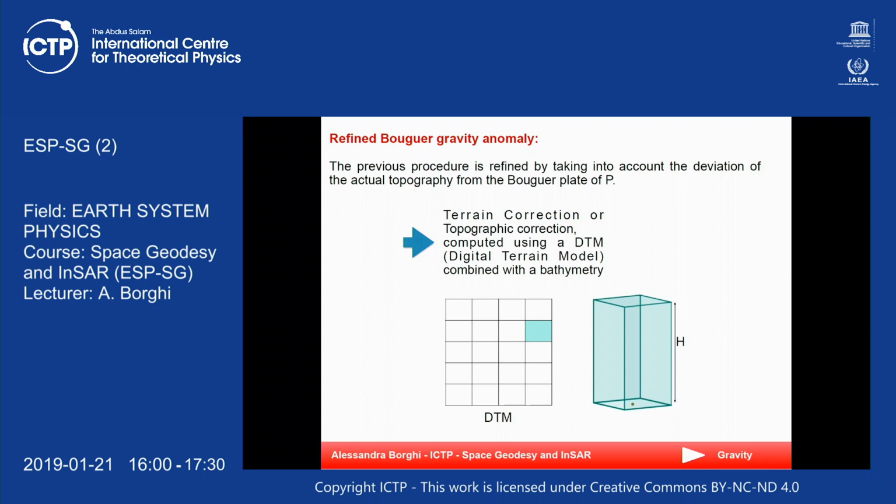So now there are some routines that can compute not the effect of a regular parallelepiped, but the effect of a tesseroid, so you can take into account the convergence when you go down towards the center of the Earth, even if you stop at the crust.